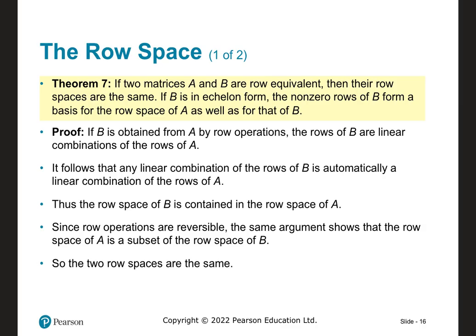I can undo all these row operations, right? Then you can go back from B to A. Since row operations are reversible, if one matrix is obtained from A by some row operations, then we can obtain A from B by performing similar row operations, right?